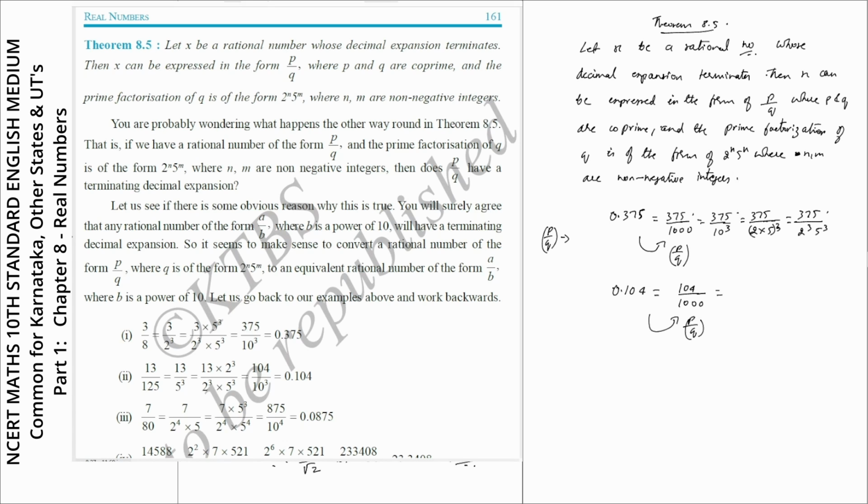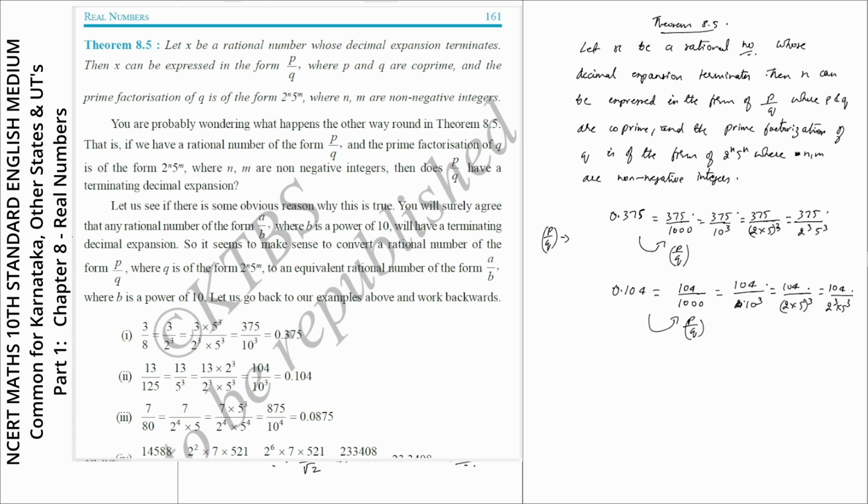Now the denominator I can write in the form of 2 to the power of n into 5 to the power of m. 104 I'll write as it is. Now 1000 is 10 to the power of 3, and 10 is 2 into 5, so this is 104 by 2 to the power of 3 into 5 to the power of 3.